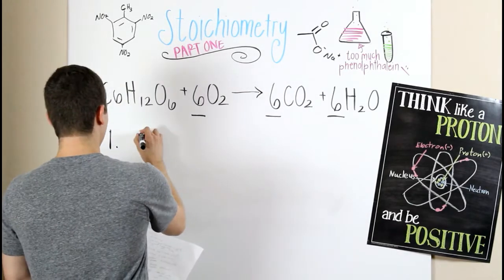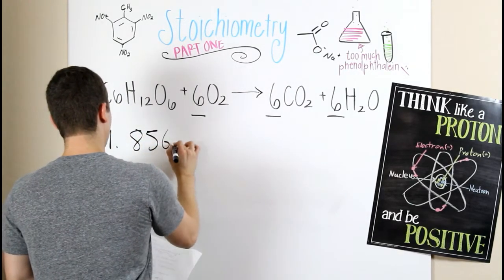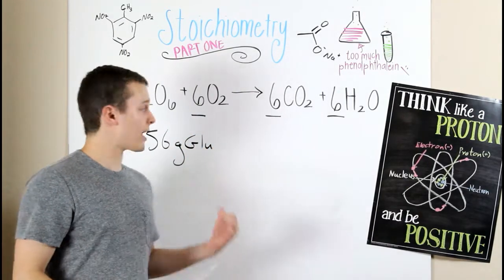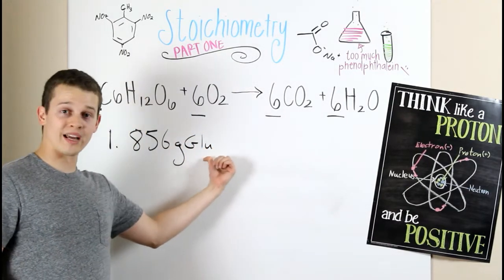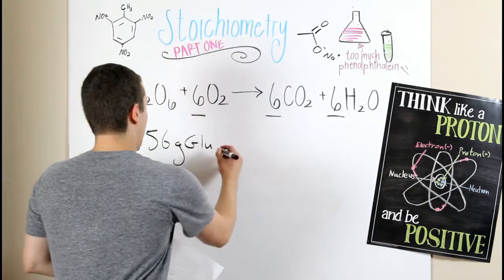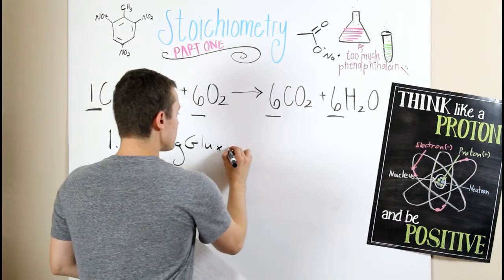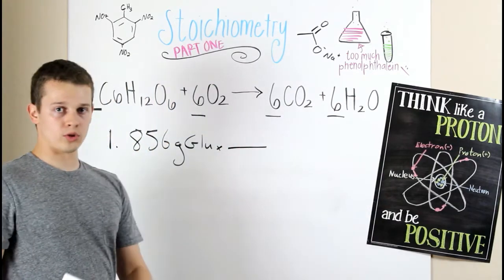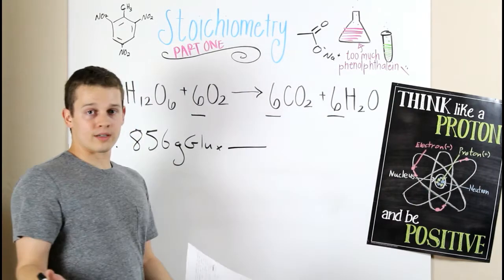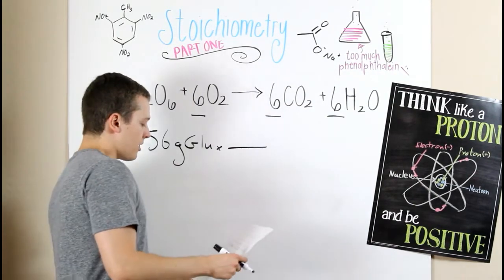So if I have 856 grams of glucose, and I'm shorthanding the C6H12O6 to GLU because I'm lazy, we want to use the molar mass of glucose in this equation. And I've conveniently already figured it out beforehand.